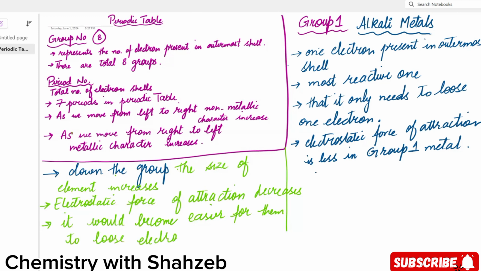And that is why we can say reactivity increases downwards.